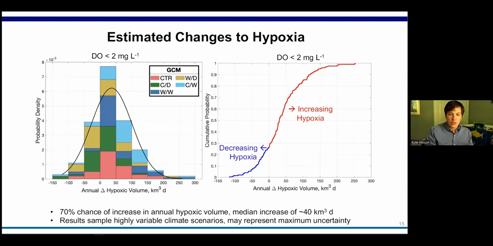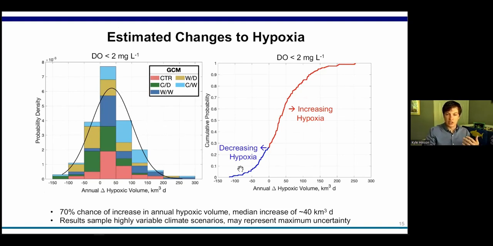On this next plot here, I'm showing the exact same data on the previous slide, but just crunched into both a PDF and a CDF curve. So on the left, we have the change in annual hypoxic volume in this unit of kilometer cube days, or the total amount of volume that's affected by low oxygen waters over the course of a given year. And we see that there's a nice distribution that shows us a median increase of about 40 kilometer cube days.